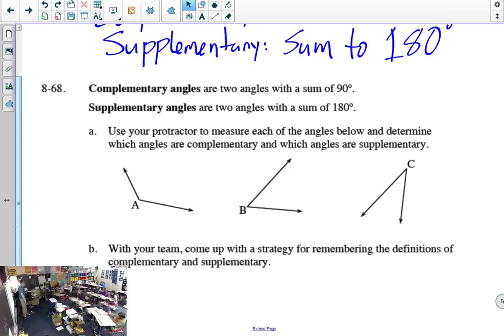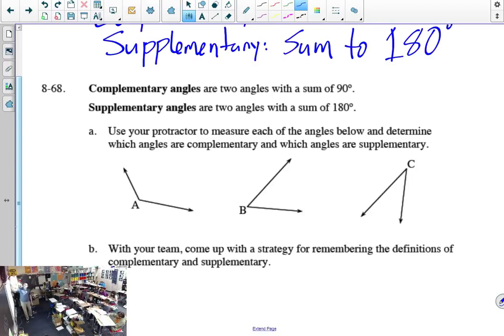Just sketch those out real quick. Then, if a couple of us could use your protractor to actually measure what each measures in the book, if you're faster than us and you've already got them sketched, if you can get a quick measure.